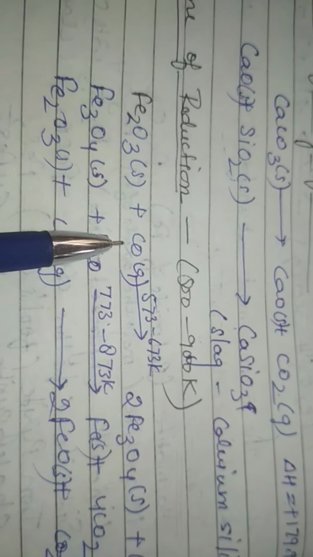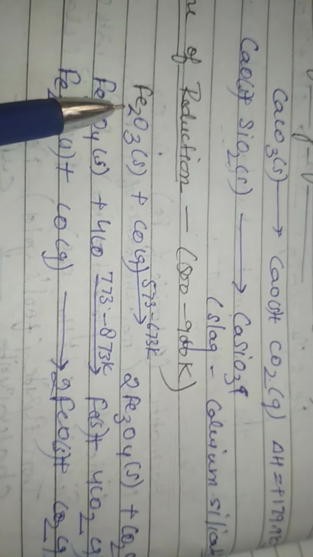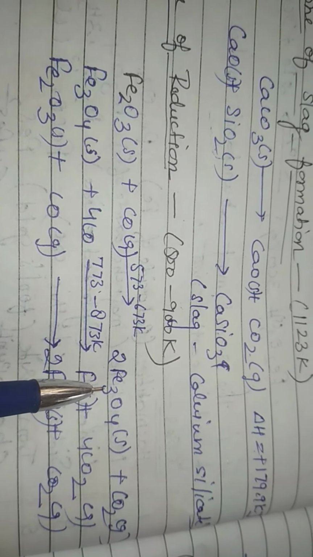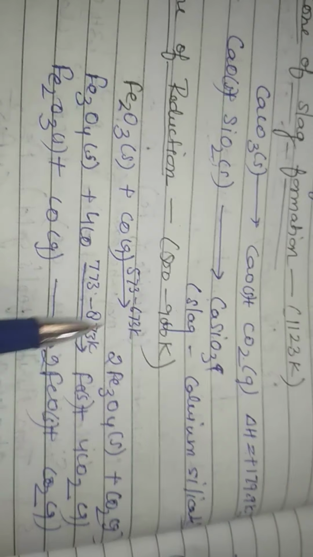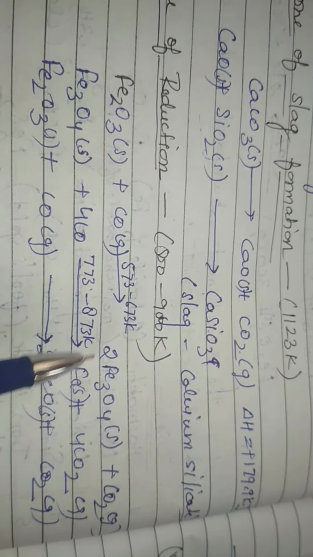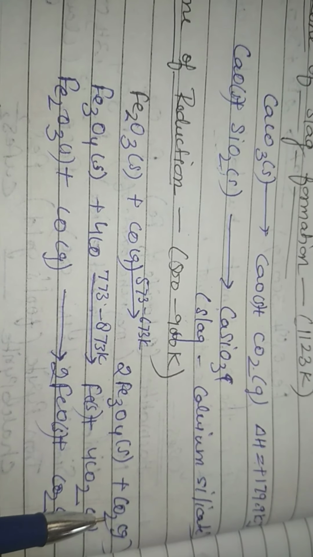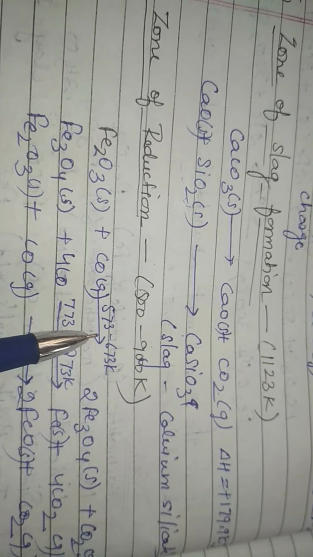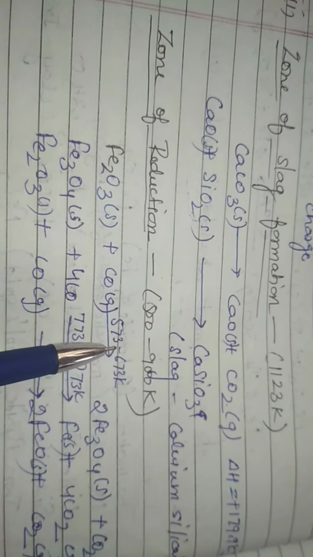So that carbon monoxide reduces iron oxide to form ferro oxide. We know that this is a mixture of both the iron oxides and carbon dioxide at 573 to 673 Kelvin. That is the uppermost zone of reduction.